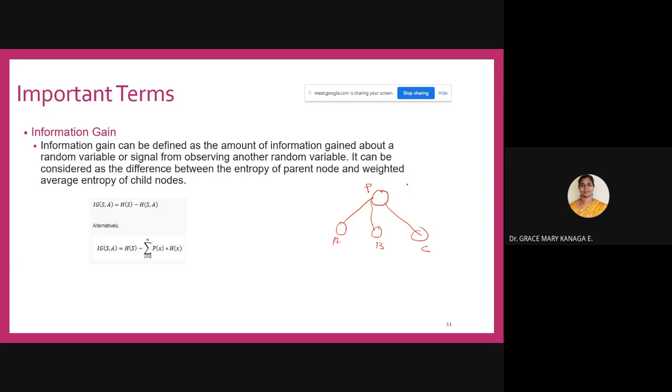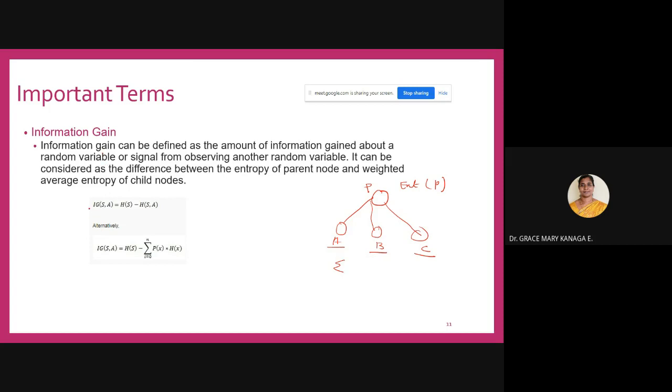You have to calculate the entropy of the parent node, and then the entropy of the child nodes, that is, the average entropy, which is the summation of the entropy of A, B and C. Then calculate the difference between the entropy of the parent and the children, and this will give you the information about a particular node.